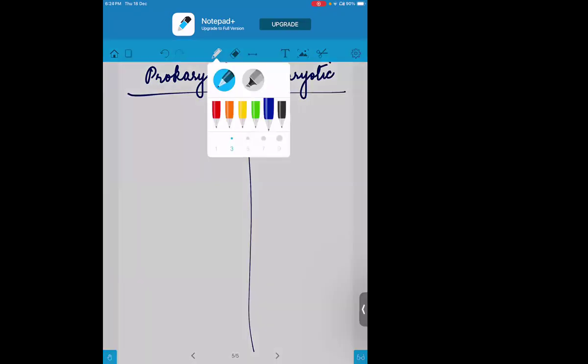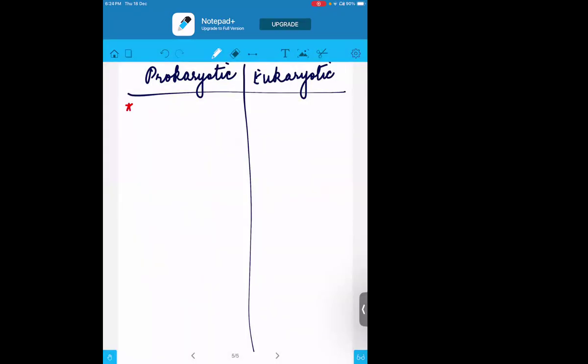The first difference, as I told you: in the prokaryotic, the nucleus is absent, whereas in the eukaryotic, the nucleus is present.